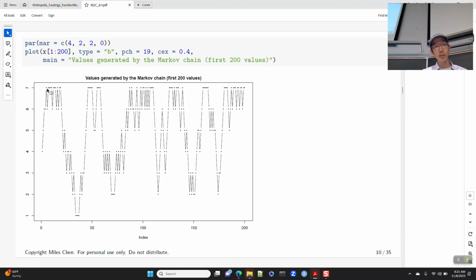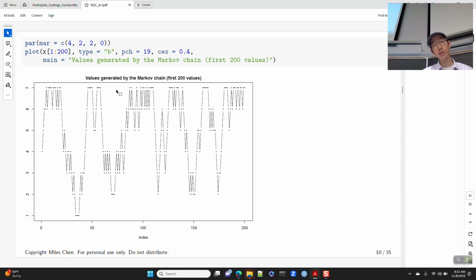And then we went up to island 7, went back to 6, 7, stayed at island 7 a few times, went back to 6, back to 7, and then here we went down, 6 to 5 to 4, back to 5 to 4. We can trace out the path. Here it looks like we went down to island 1 and stayed there a few times, and so on and so forth. And so this is what the first 200 iterations of the Markov chain looks like.